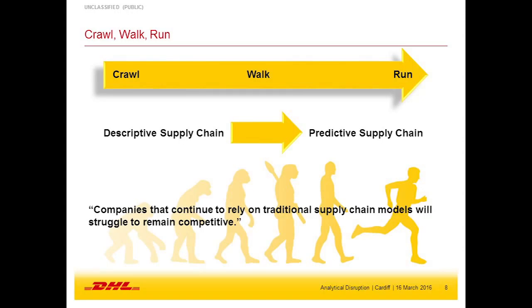Crawl, walk, run. Again, some of you may be aware of this, but it's something that we've actively been progressing, certainly in the last 2 or 3 years. If you're not familiar with this term, it's based around the movement from being a fairly static descriptive supply chain moving into more of a predictive supply chain.